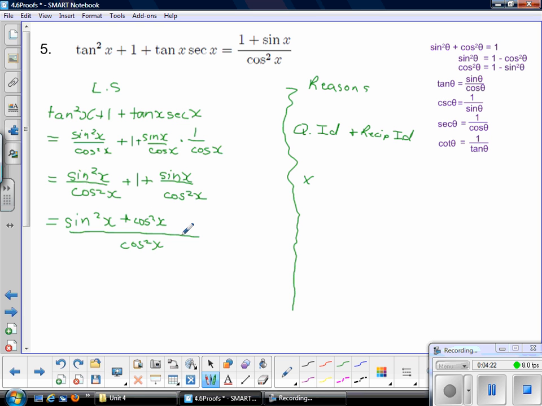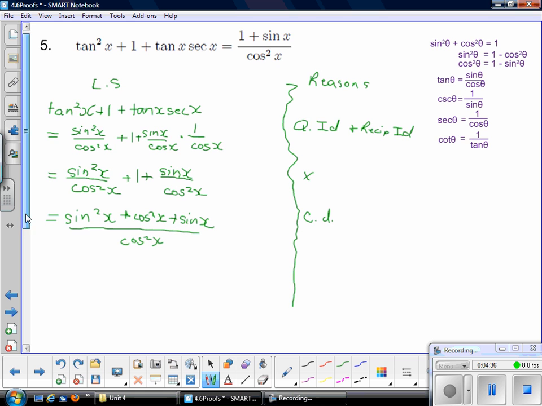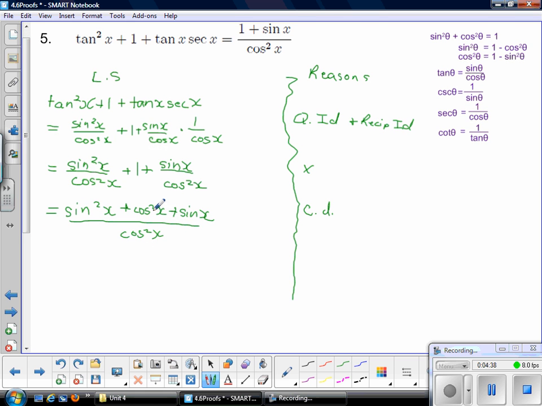And we still have our plus sine x. So all we did there is we found a common denominator. And again, I'm looking now, at least I have the bottom the same as the other one.